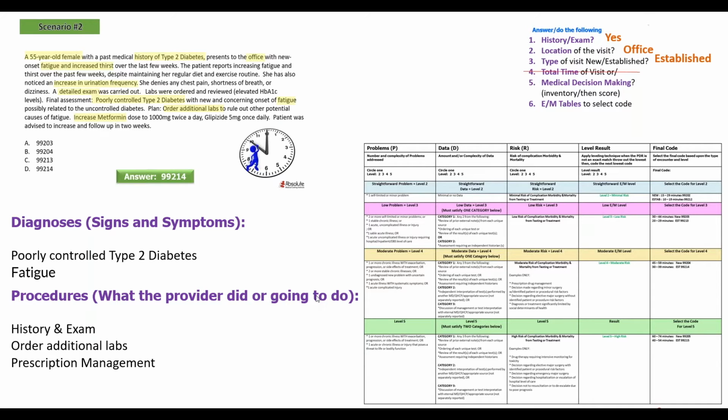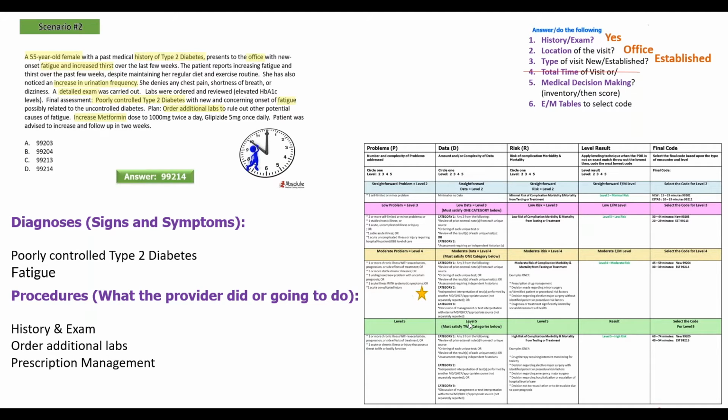So we have poorly controlled diabetes mellitus and fatigue in our diagnosis inventory. And in the procedure, there was a medically appropriate history and exam performed. The doctor has ordered and reviewed HbA1c, which is to check the patient's diabetes mellitus, and there are plans for additional labs, and prescription management has also been performed to increase the dosage of the metformin.